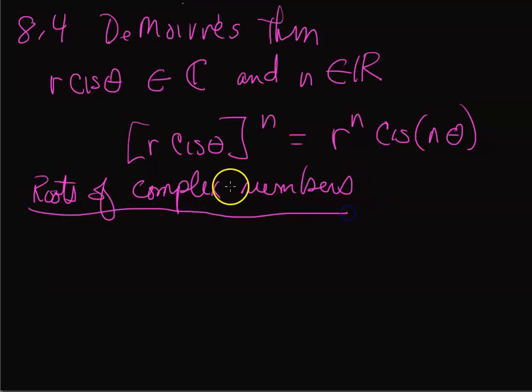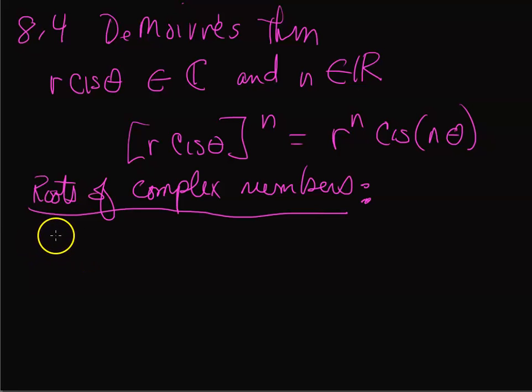Now, when you find the square root of something, there should be two answers. The cube root should have three answers. The fourth root should have four answers. The fifth root should have five. In the real numbers, you may not get all those. And almost always you don't. So, how do you find the roots?